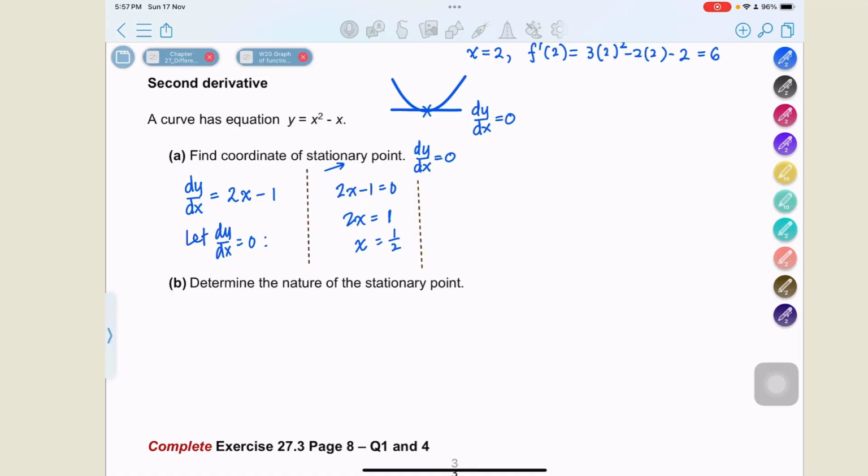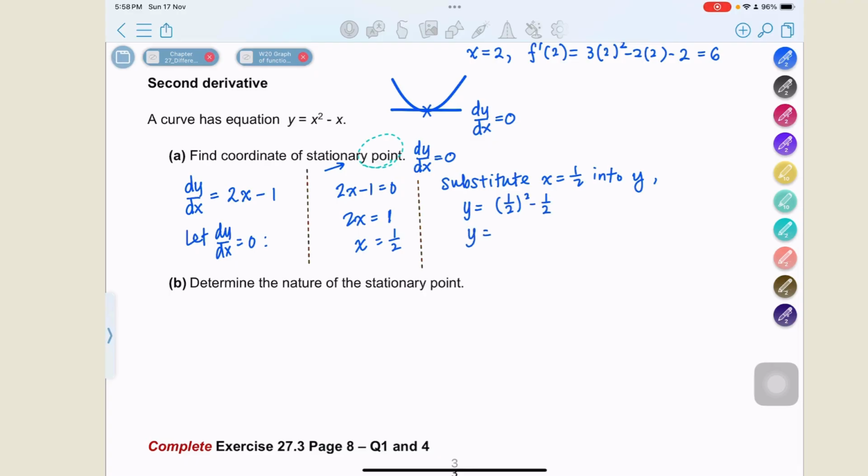But this is not enough yet, because they are asking you to find the point. So the next step, we need to substitute my x equals half into my y equation in order to find my y coordinate. So y equals half squared minus half.